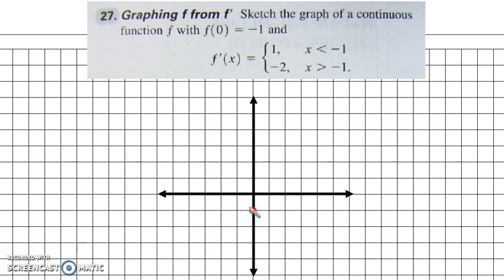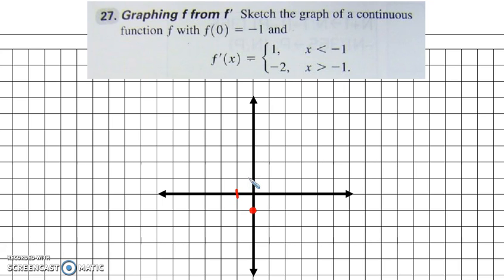For x values that are greater than -1. The reason why I want to start with -2 when x is greater than -1 is because I'm going to use this starting point of (0, -1), which happens to be to the right of -1. So we have the break going on at -1, and -1 happens to be here, and my point is to the right of -1.